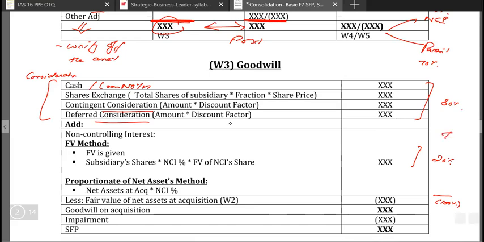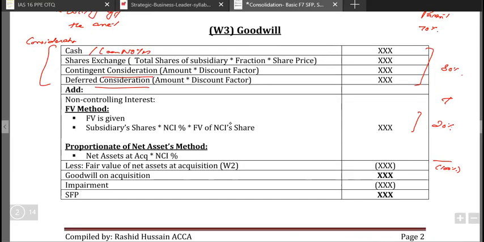Again, in the non-controlling interest, the easiest case is that the fair value is given to you in the exam. This is the most favorable case. If it has not been given to you, then you need to see which method the examiner is saying to follow. Is it fair value method or is it proportionate of net assets method?